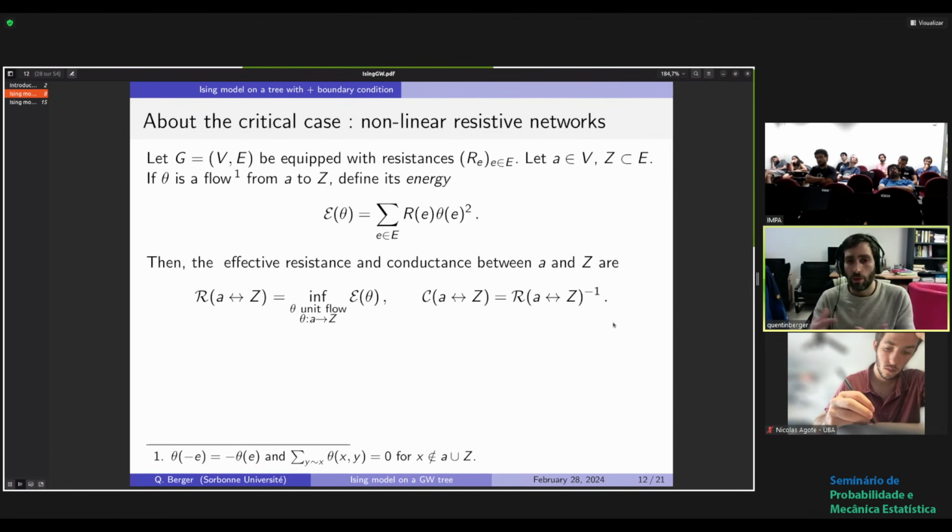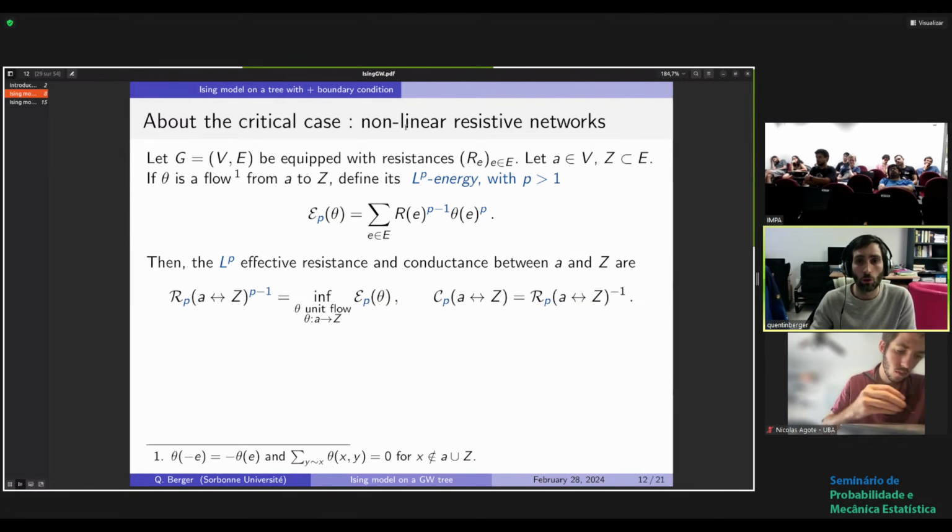With these definitions, you have the rules that if you put two resistances in series, the resistance is the sum of the resistances, and if you put two resistances in parallel, the conductance is the sum of the two conductances. What we could do is replace the 2 by some other parameter p.